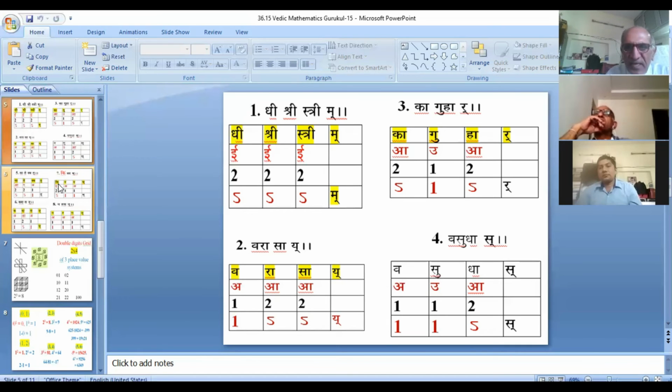This Vara Saya as well, like Sutra 1, is a setup of triple syllables and Anubandha Ya. The first syllable Va has the vowel A, the first vowel. Therefore, it has value 1.